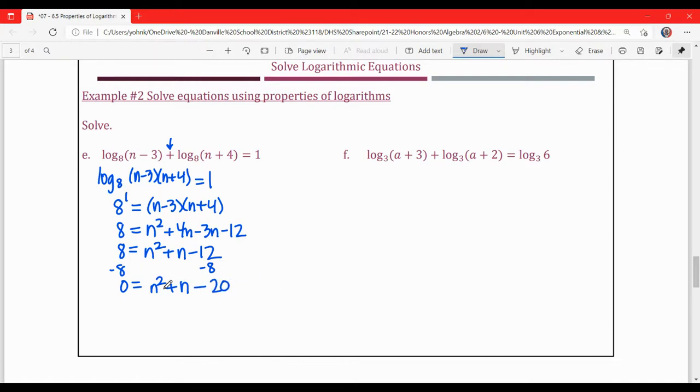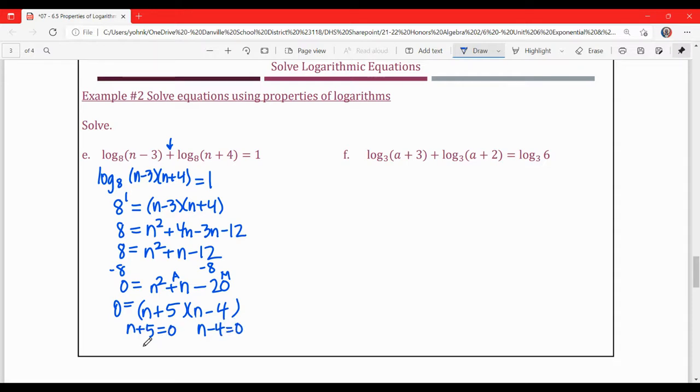This is a quadratic function, so I need to try to factor. So I start my two parentheses, put my letter at the beginning. I need two numbers that add to give 1 and multiply to get negative 20. So that would be 5 and negative 4. Then set each one of them equal to 0 and solve.